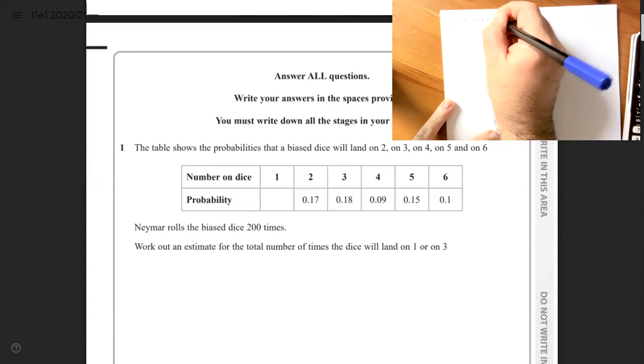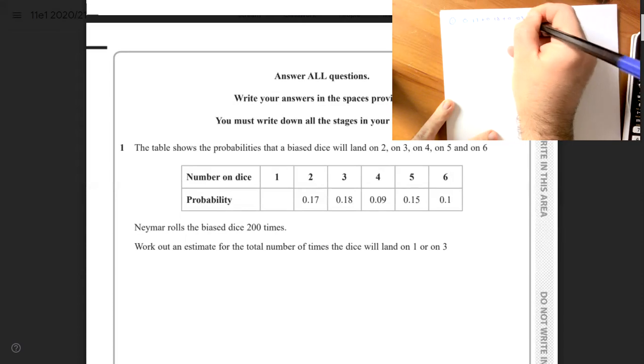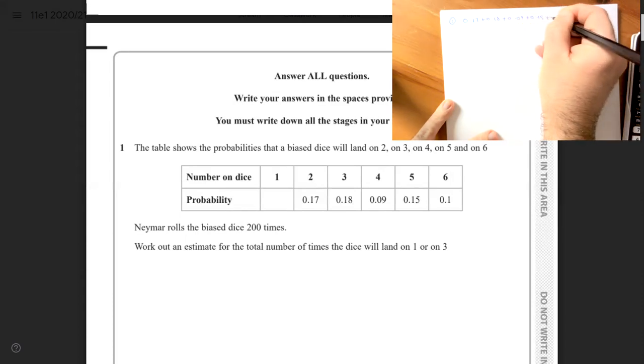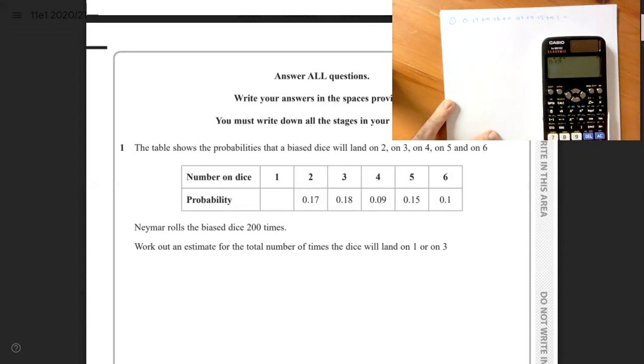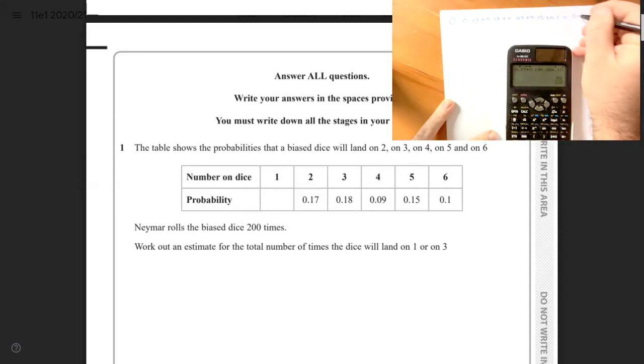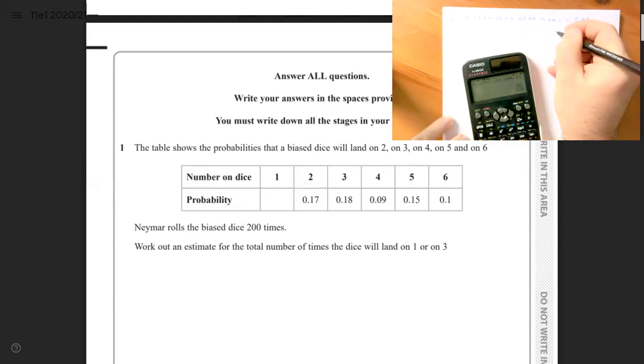0.17 plus 0.18 plus 0.09 plus 0.15 plus 0.1 equals 0.69. So 1 minus 0.69 is 0.31.